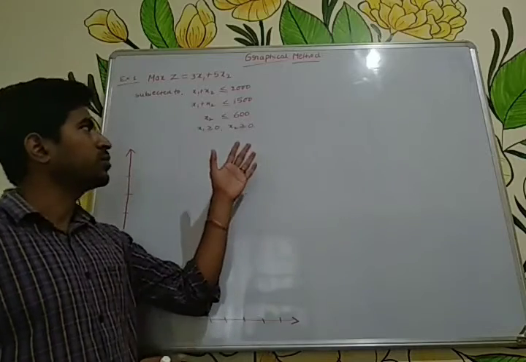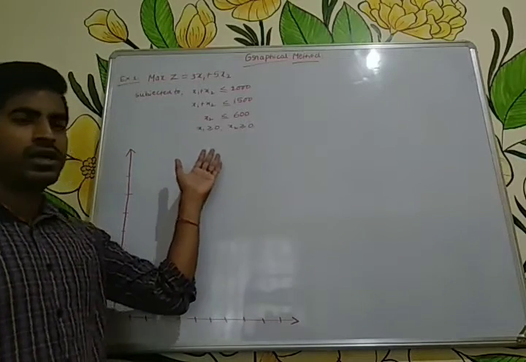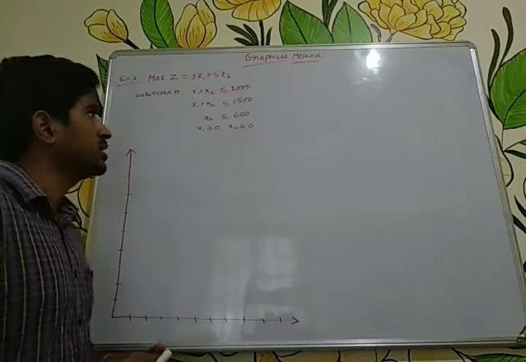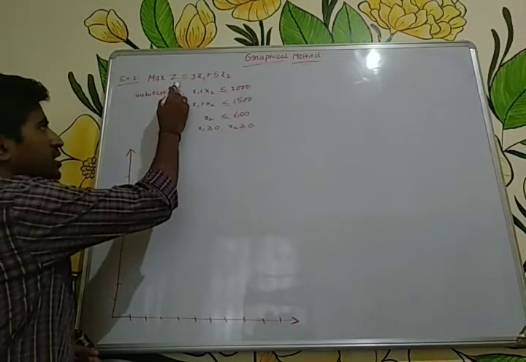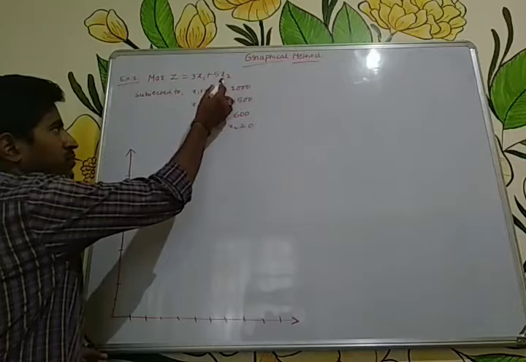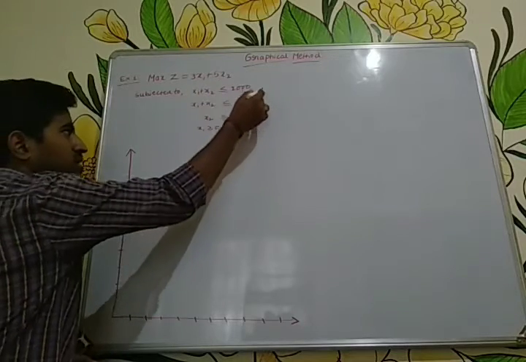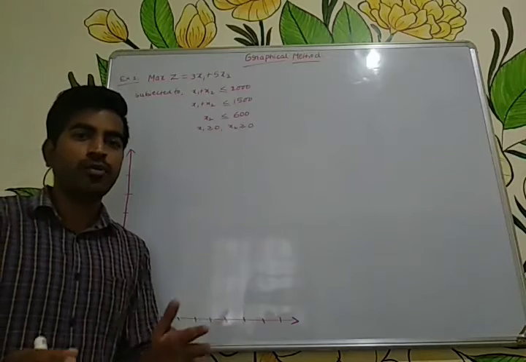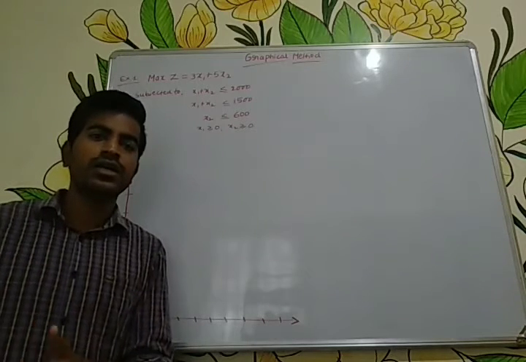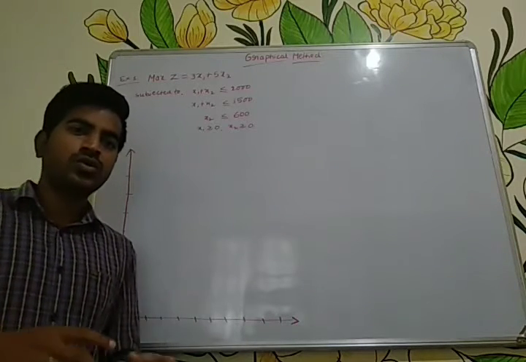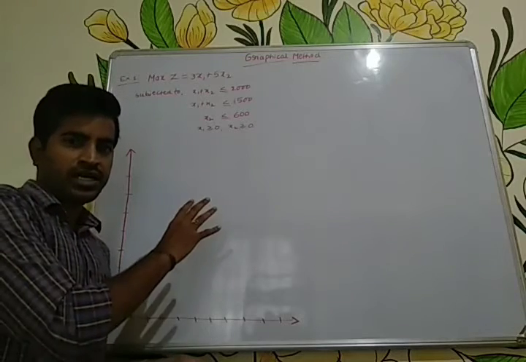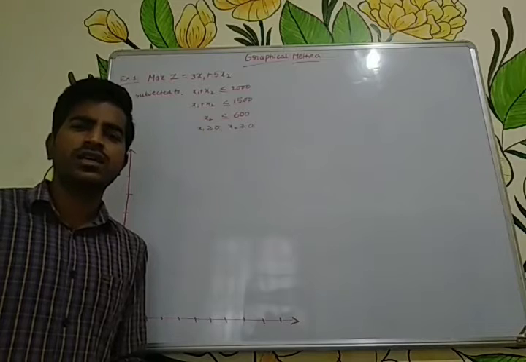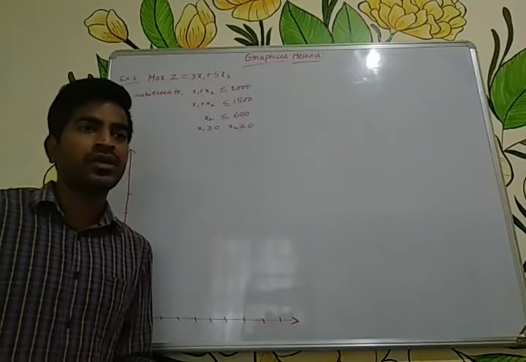Here the problem I have taken from the first question in your textbook, that is maximize z equal to 3x1 plus 5x2 subject to these constraints. Like this question, we formulated the LPP in the previous video. Questions will be of this kind in your examination, and sometimes they may ask for the formulation of the LPP also.